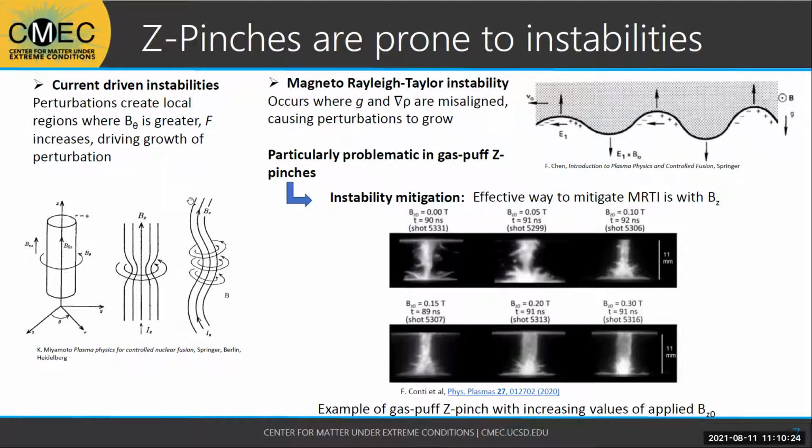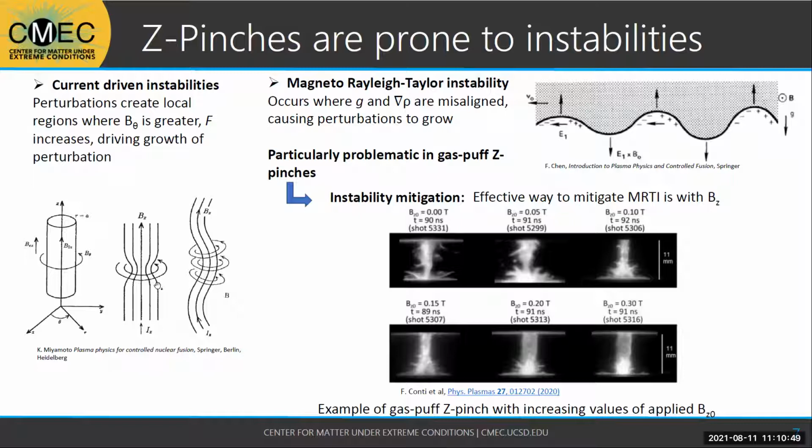On the left, I have an example of current-driven instabilities. These show up when you have a perturbation in the interface between the plasma and vacuum. If you have a small perturbation, you have a higher magnetic field there due to Ampere's law.